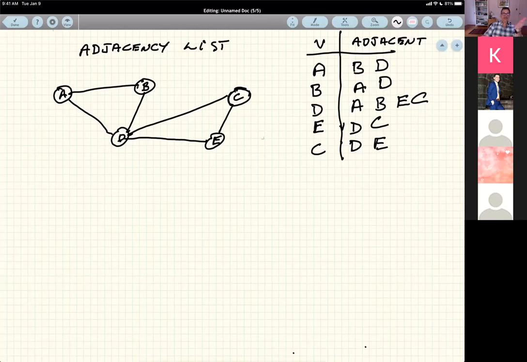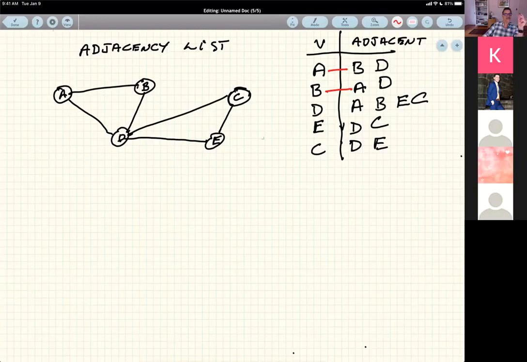So what's the advantage of using an adjacency list graph representation? Every edge appears in here twice. The edge between A and B appears over here and over here. This edge appears twice.